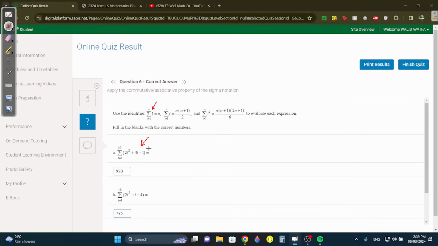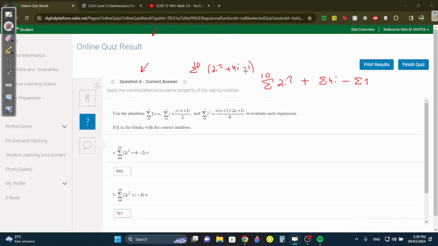Can we solve? Okay, let's start here. They're saying sigma 10 of 2i squared plus 4i minus 1. Whoa, can this be written? Yes, it can be. I'll do it up here. It's the same as saying sigma 2i squared up until 10 plus sigma 4i minus sigma 1.